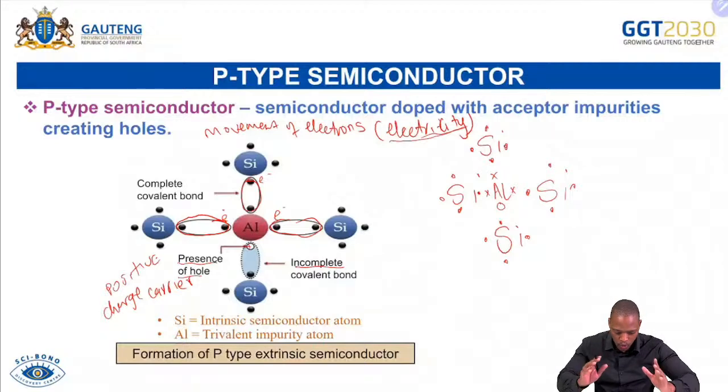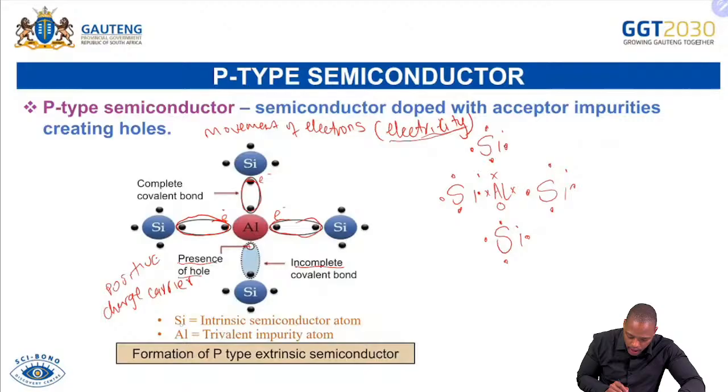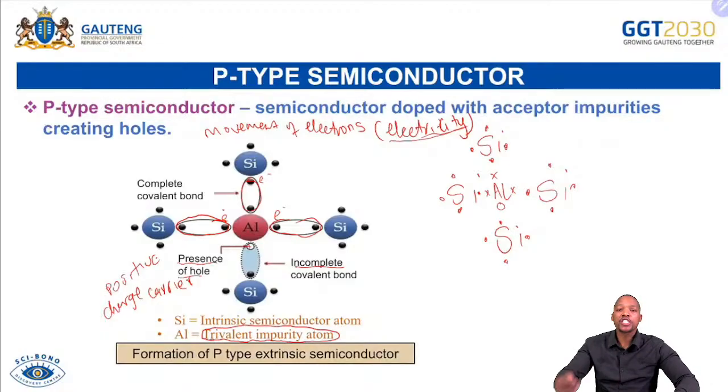So yes, we have made this semiconductor conduct by doping it with a trivalent impurity. It's a trivalent impurity atom, such as aluminium. This atom could have been boron, by the way.